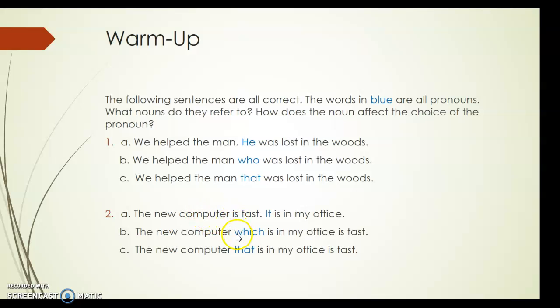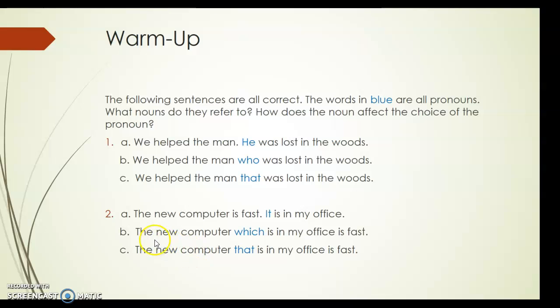But we want to use a relative pronoun in a relative clause. So let's look at this one. The new computer, which is in my office, is fast. Which refers to the new computer.